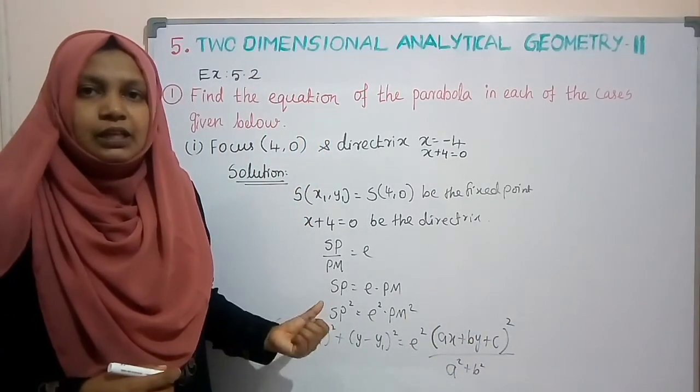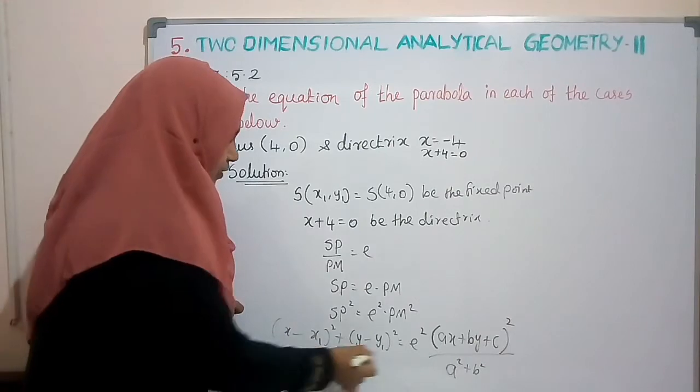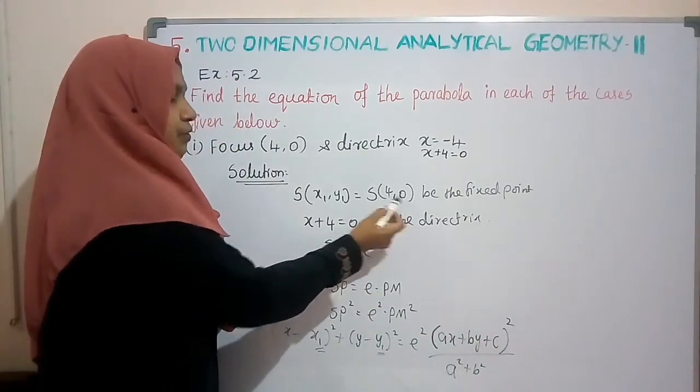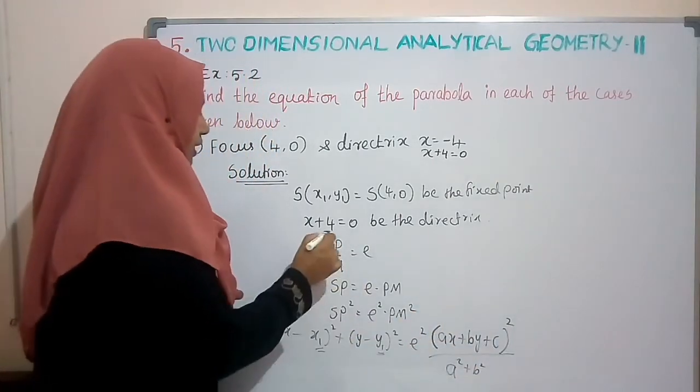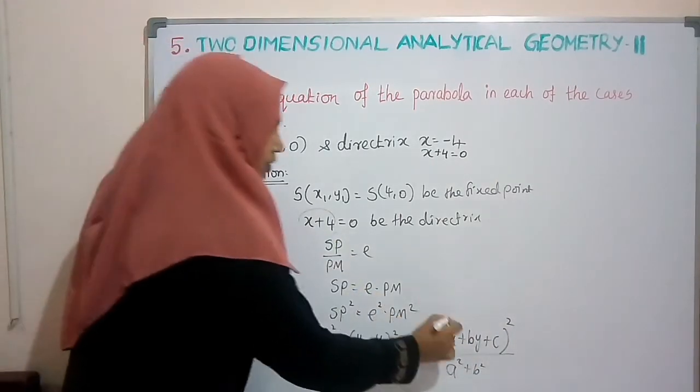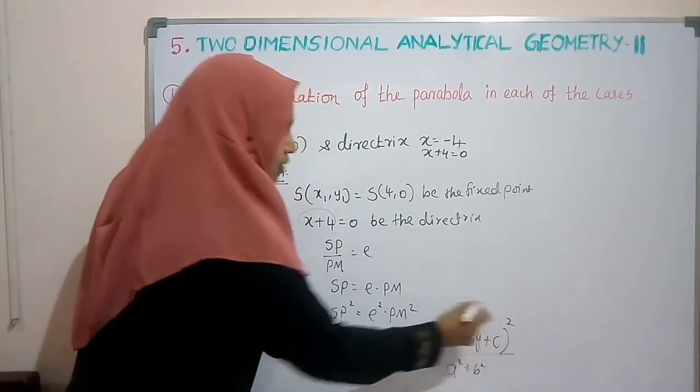So in this formula, in the place of x1, y1, we should substitute 4 and 0. And in the place of ax plus by plus c, we can substitute x plus 4. See here, x plus 4 the whole square.